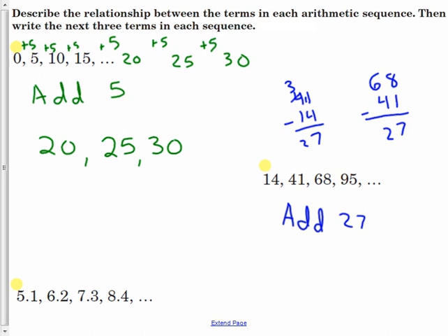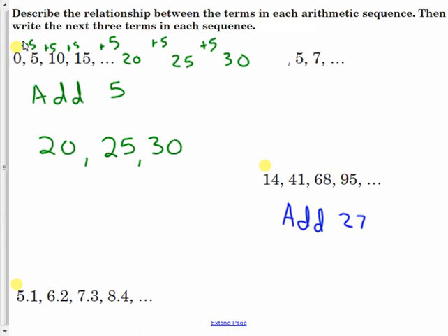All right, so now that I know what the pattern is, I can take 95 plus 27, which is 122.